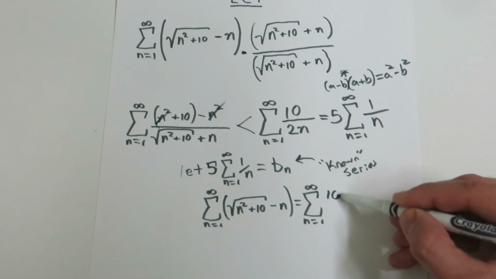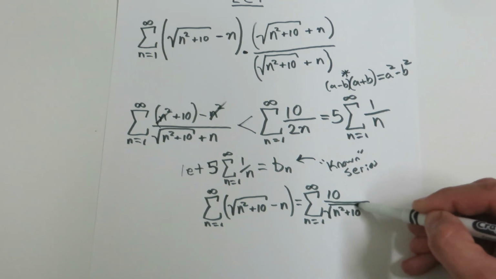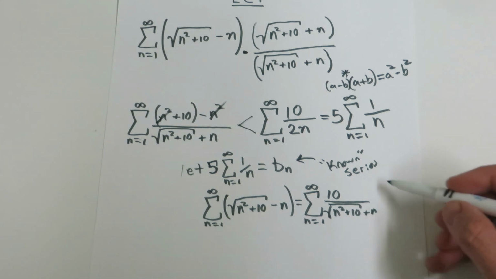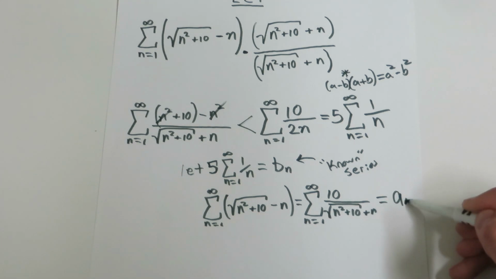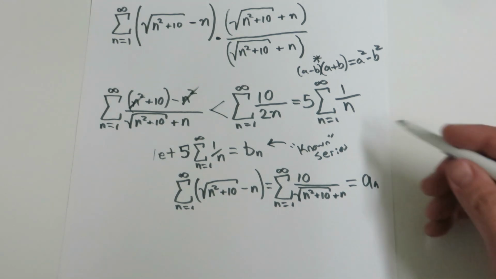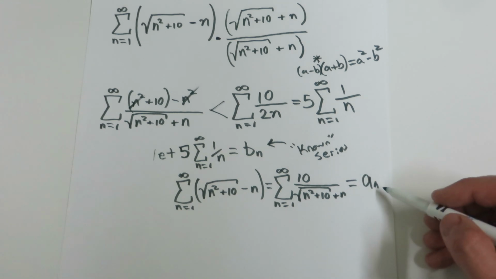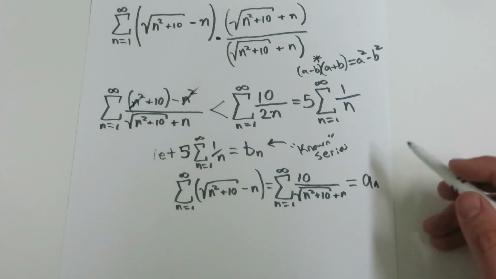It equals 10 over root n squared plus 10 plus n. Let's say that this equals a sub n. This is the series that we're testing. So we have our known series that we're going to put on the bottom of our ratio, and then we have the series that we're testing that we're going to put on top.